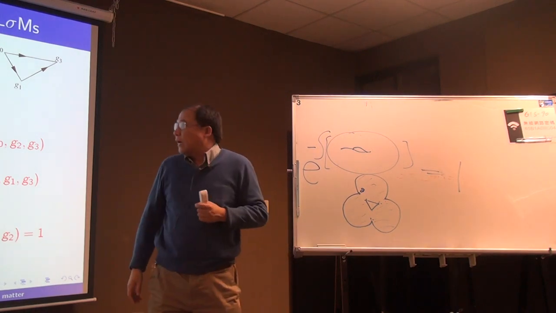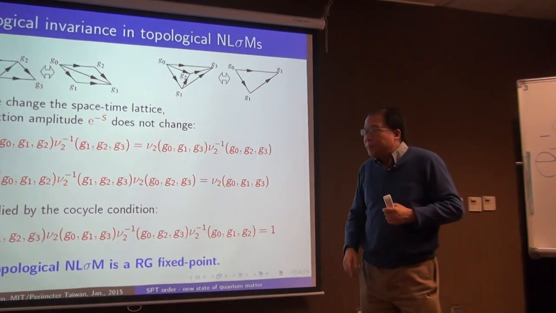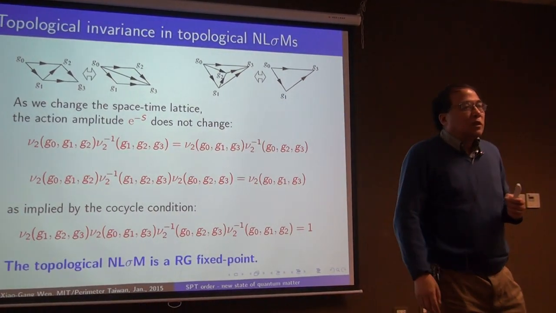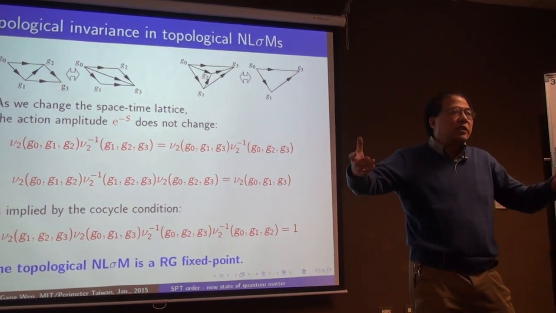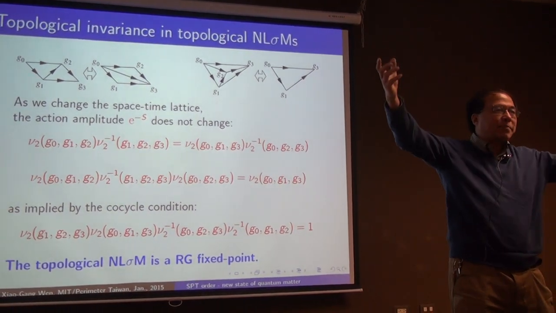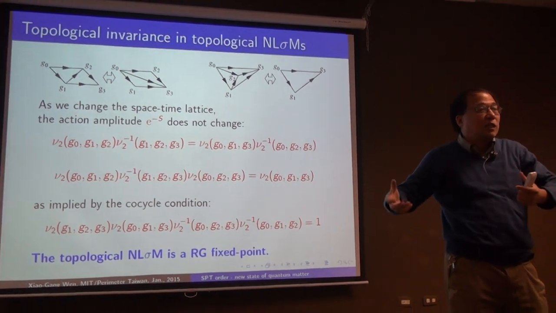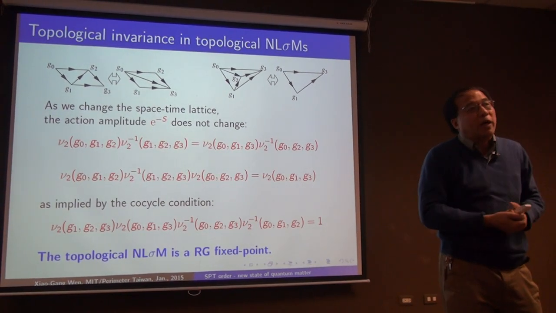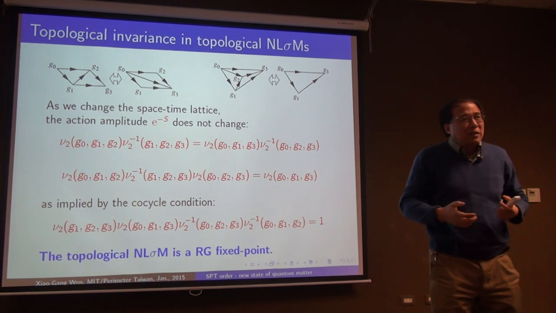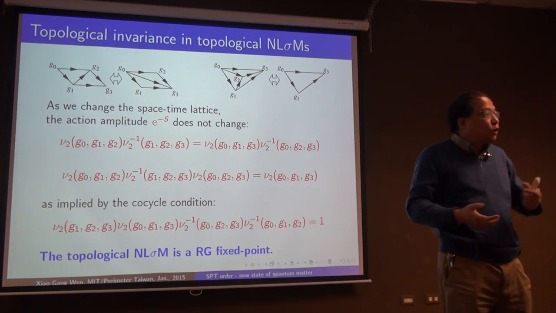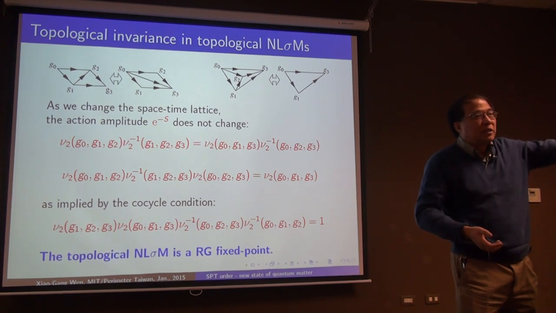Okay, and this point may be important because in higher dimension we have a similar thing. On a higher dimensional space-time manifold, if this manifold can be constructed by gluing spheres, then we know their action amplitude equals 1. However, in 2 dimensions, all the 2-dimensional closed manifolds can be obtained by gluing spheres.